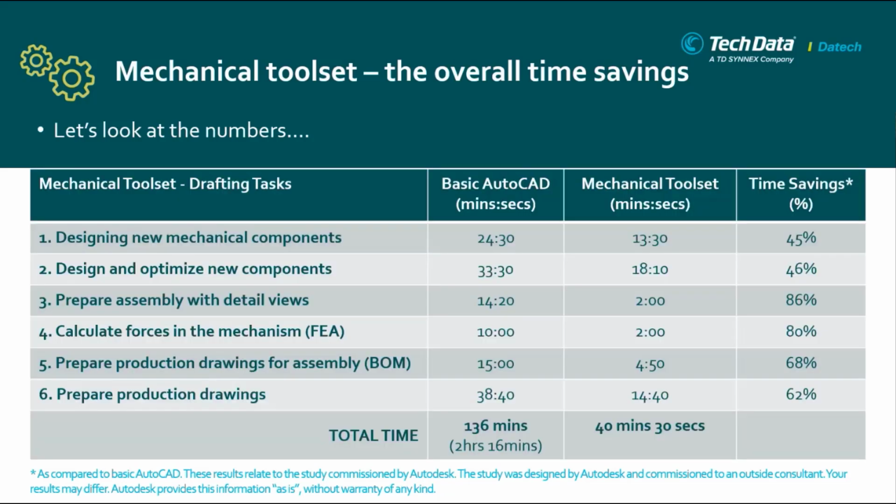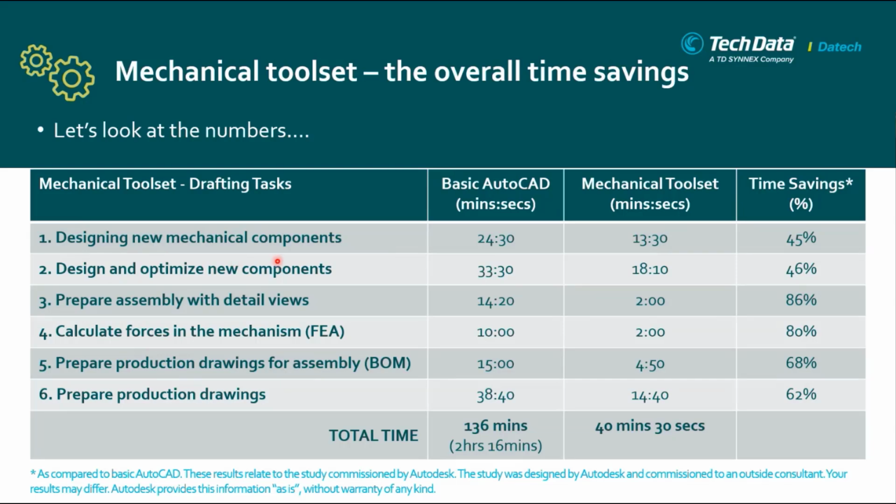So by using the Mechanical Toolset, the drafting feature enables designers to work on a new mechanical component. This is a small comparison of the time taken by the designer on regular day-to-day activities between AutoCAD and Mechanical Toolset, and the total time saving enabled here.